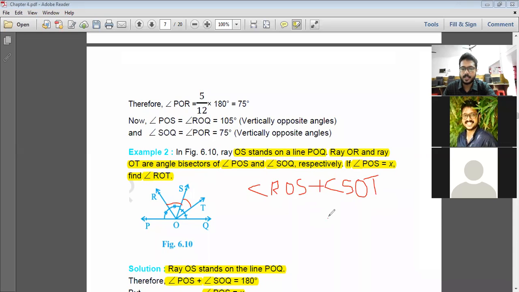Are you all clear? So we want to find angle ROT. We can directly add angle ROS and angle SOT.